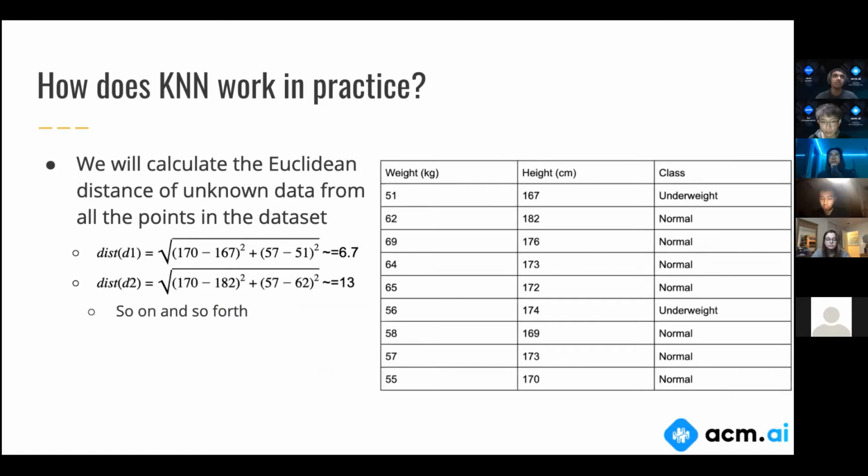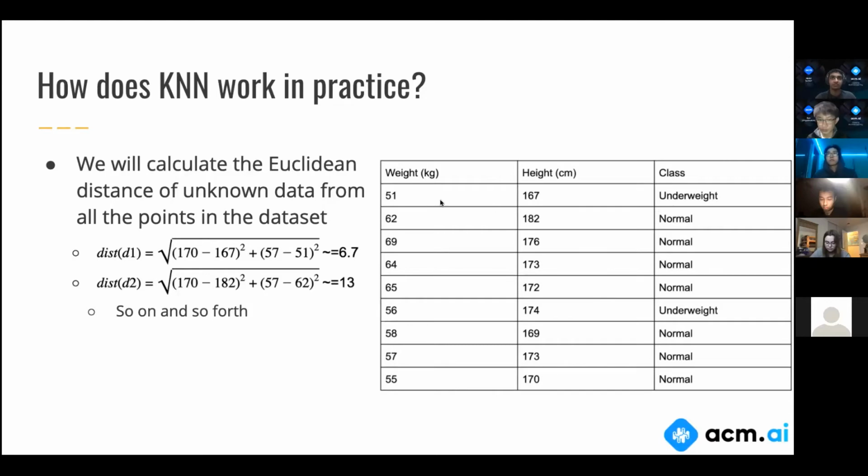Now we start by calculating the distance from our unknown data point, the 57 kilogram, 170 centimeter tall one, to every other point in our data set. On the left, the first 2 calculations are done for us.